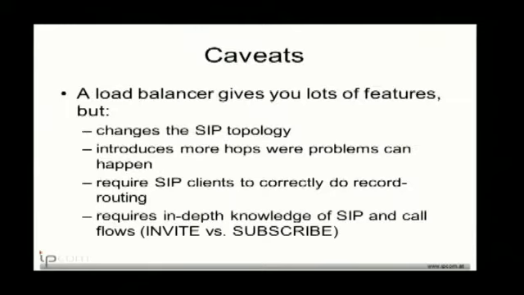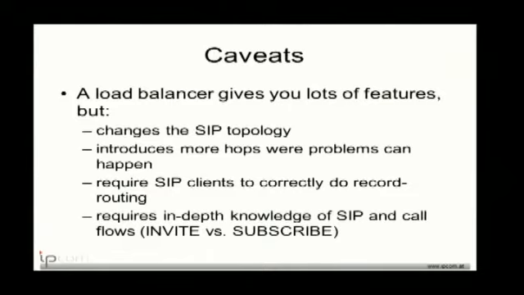So another disclaimer or warning: as soon as you add load balancing to your system, you have lots of cool new features available, but you change the SIP topology. Previously, you only had the SIP client, the SIP phone, and Asterisk, and nothing in between. Now you introduce another hop, and new hops can always cause problems.